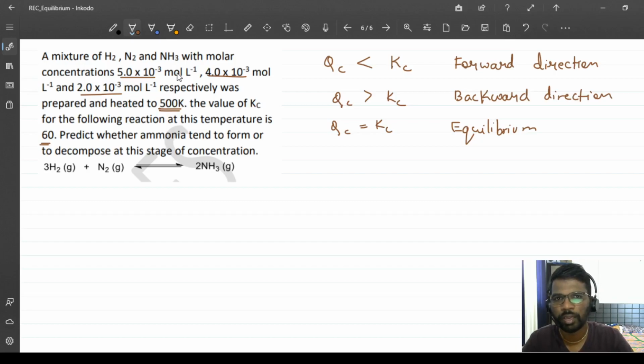It may be after the equilibrium or before the equilibrium. That possibility is there. So these concentrations are not at equilibrium.